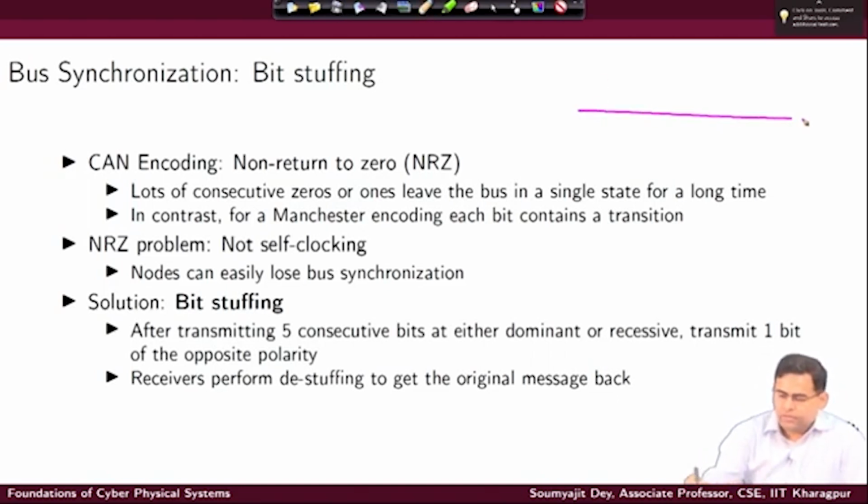Let's say this is time, and for each bit you have an allotted time period for the transmission. Let's say you are writing a signal which is high from here up to this. So you can say that I have a 1, then a 1, then a 1, then a 1. This is a non-return to 0 encoding, because whenever it is high, it's a 1.